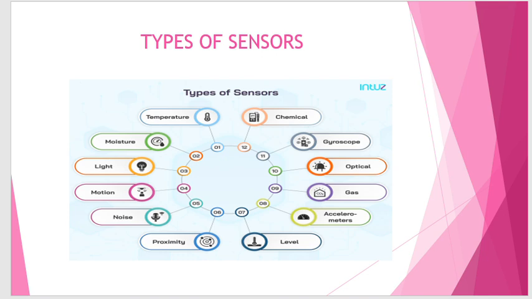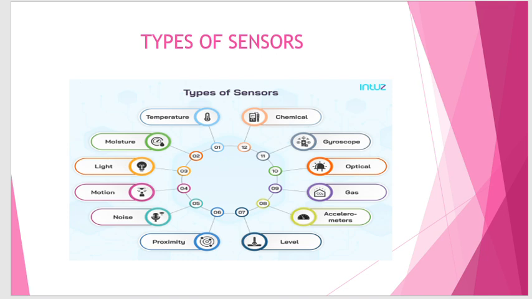If I talk about the strain gauge, it can measure strain, then pressure, tension, weight, etc. In order to measure weight and load, you can go for a load cell. The linear variable differential transformer, called LVDT, is mainly used for measurement of displacement or distance.